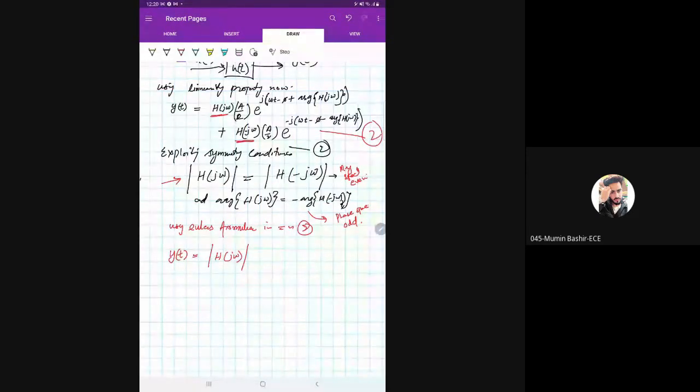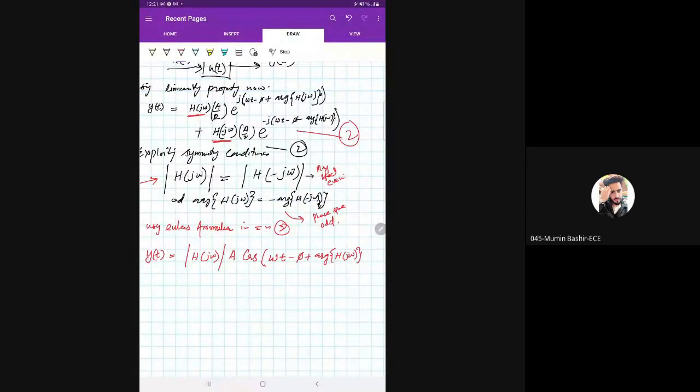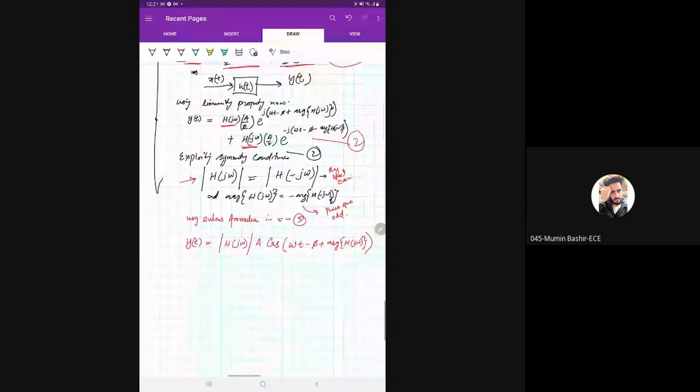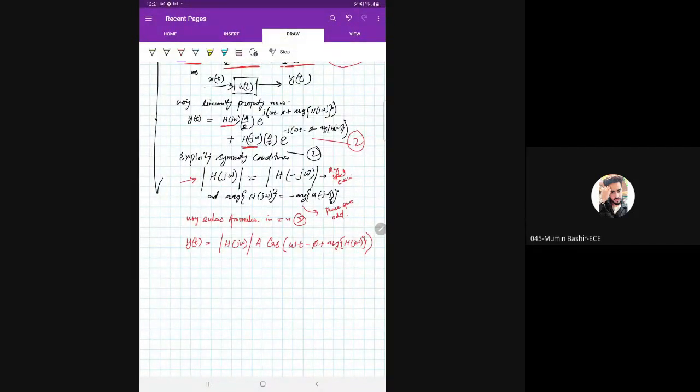What remains inside will be A by 2 times, then cos of theta. What is theta? Theta is omega t minus phi plus argument of H of j omega. So this is what we obtain after changing it back to its cos form using Euler's formula.